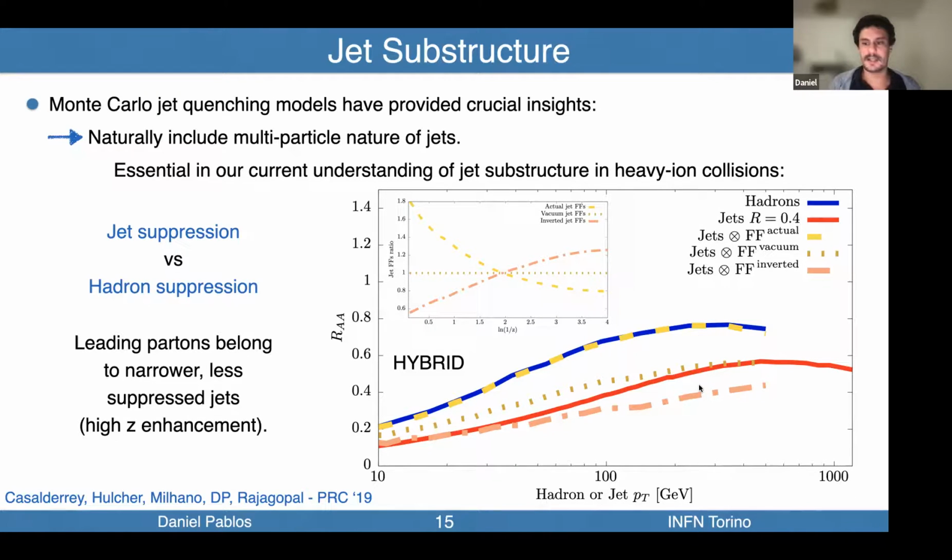Or in other words, a jet is made up of more than a single particle, and therefore it suffers more energy loss. This is connected to the high z enhancement measured in the jet fragmentation functions. The most natural way to understand both of these features of phenomenology is precisely in the same way that we did with the previous observable, which is realizing that the number of vacuum-like splittings, or the activity of the jet, will determine to a large extent the total quenching.